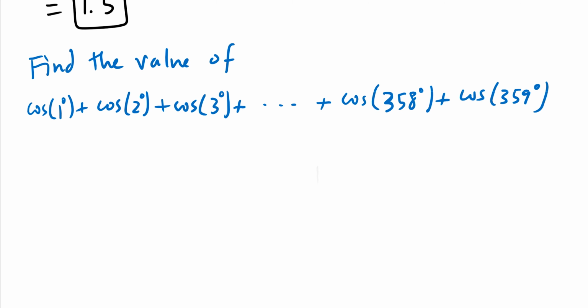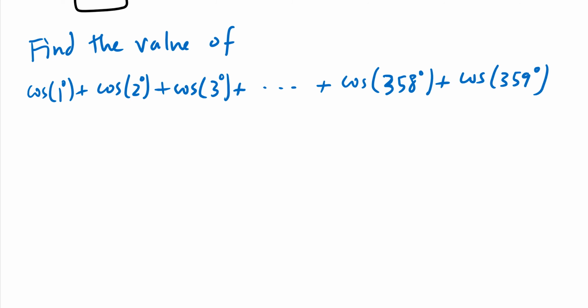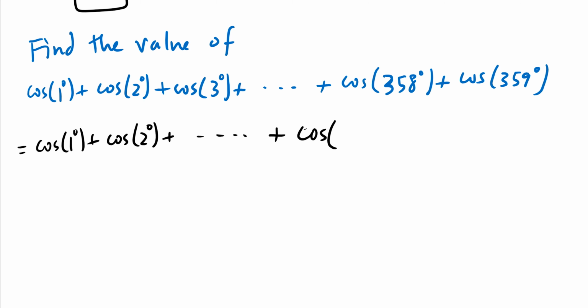Well, let's start on the right hand side. Let's keep this the same. On the right hand side, I'm going to rewrite some of these functions. Instead of 358, which looks very close to 360, I can write 360 degrees minus 2.